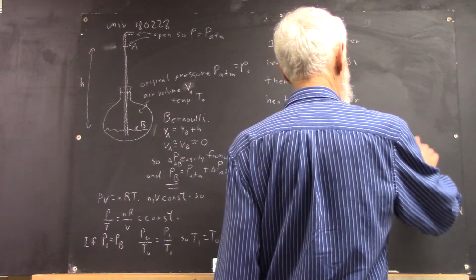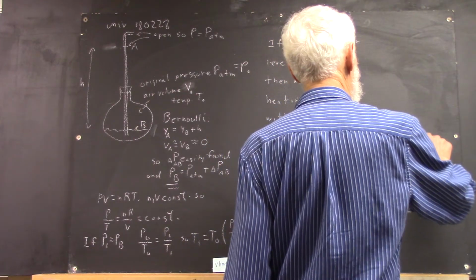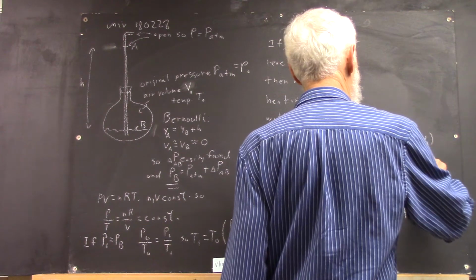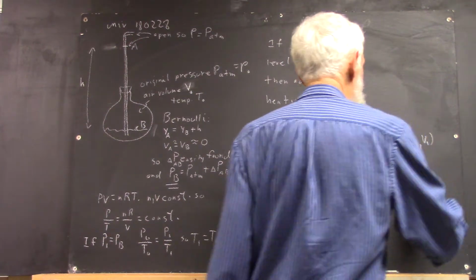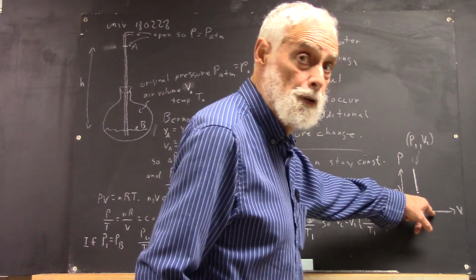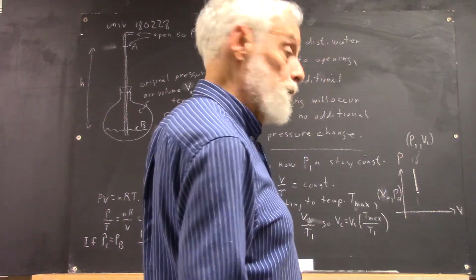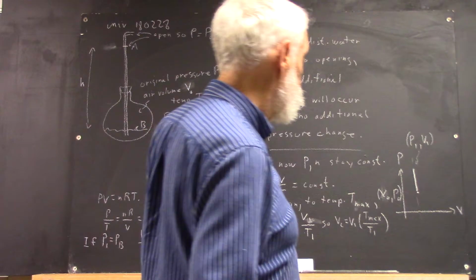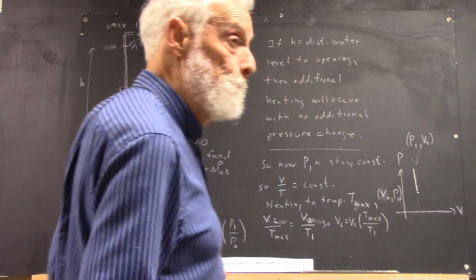So now we have P1, V1, and we did it along a straight line on a pressure versus volume graph, okay? Now what's the next part going to look like?